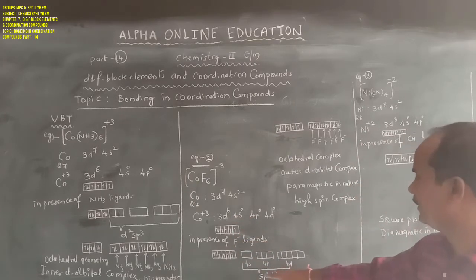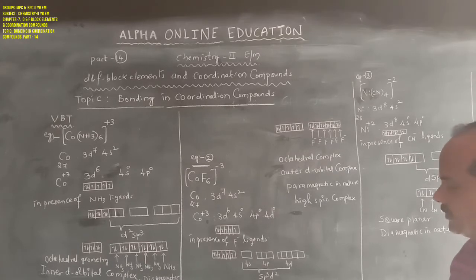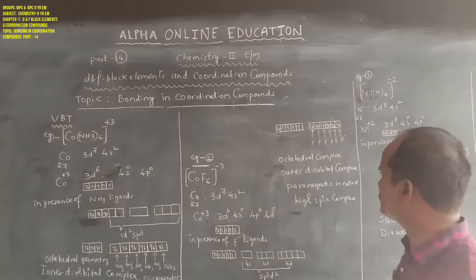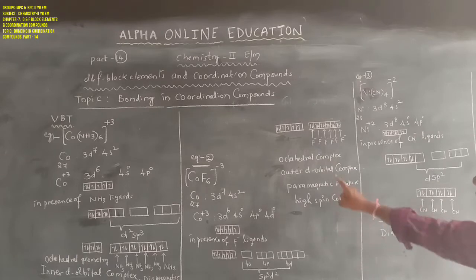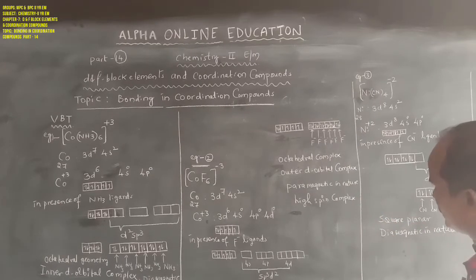Only the outer d orbitals participate in hybridization, so sp3d2 happens. That's why it is an outer d orbital complex, paramagnetic and high spin.